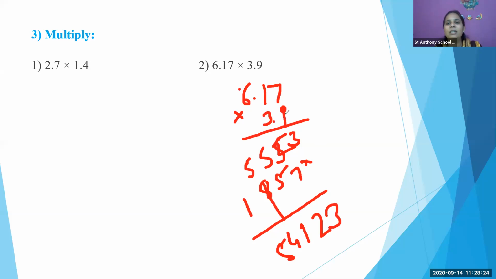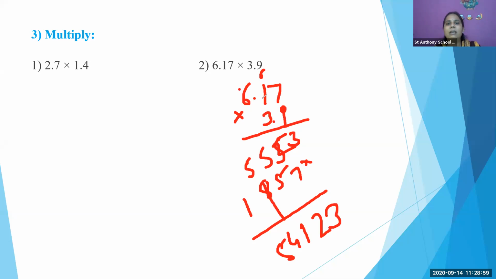6.17 into 3.9. Okay. So 9 sevens are what? 63. 9 sevens are 63, 3, 6 carry, right?